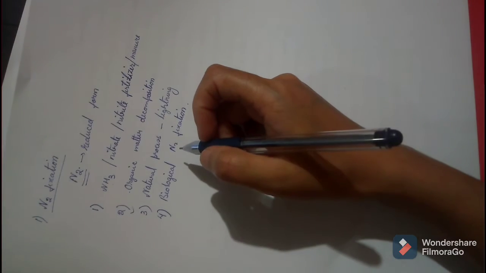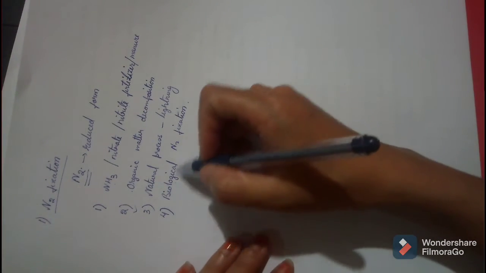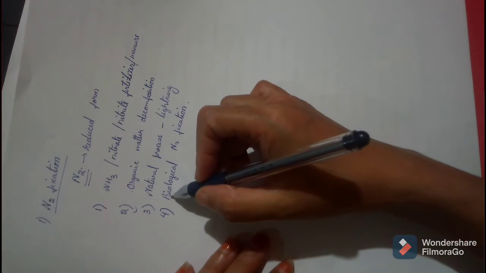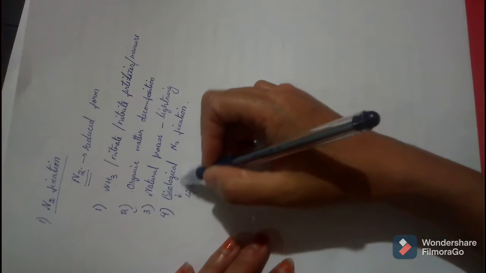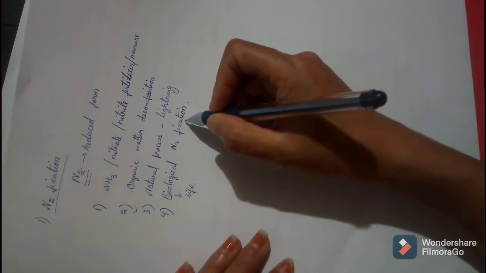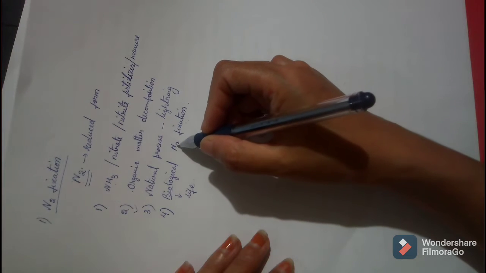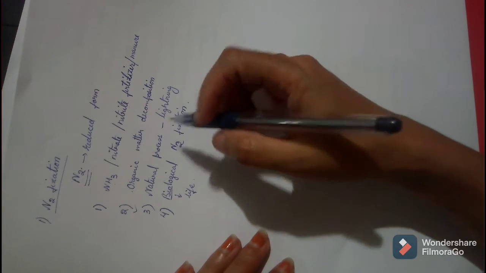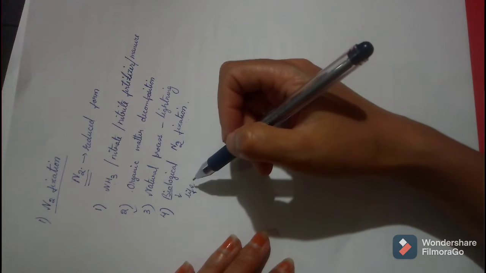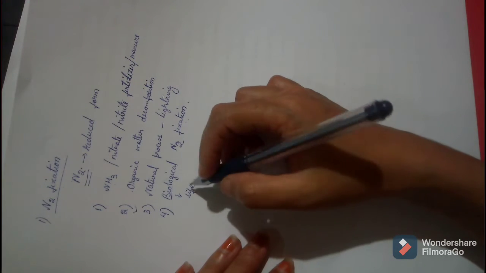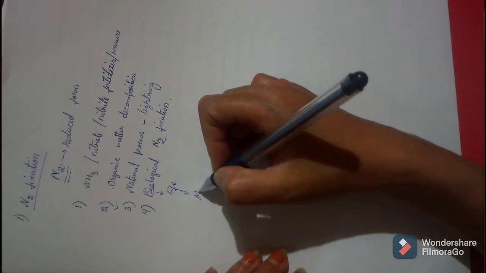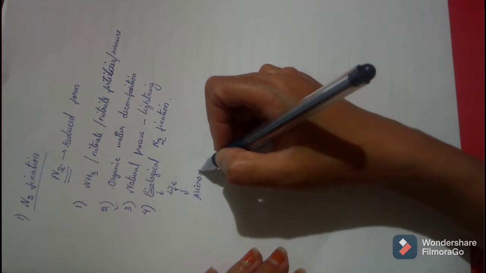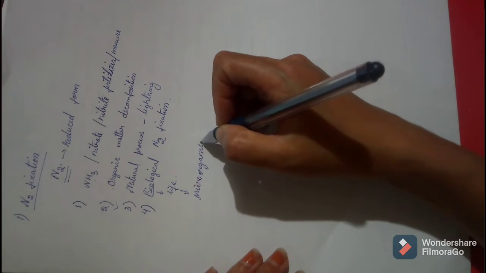Okay, so here, biological nitrogen fixation, bio means life, right? So you understand that biological nitrogen fixation is the fixation of nitrogen with the help of some living organisms. Those living organisms that we are going to talk about are the microorganisms or the microbes.